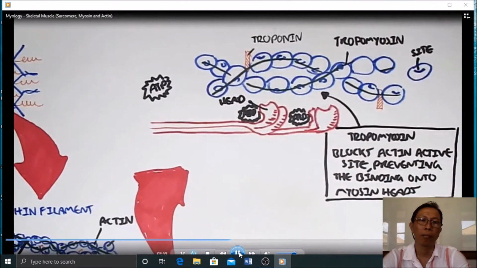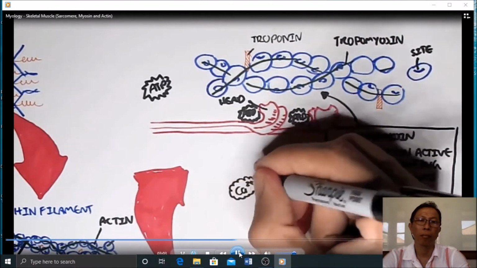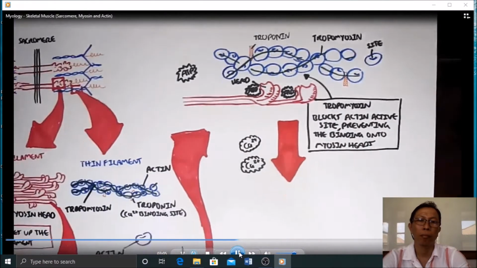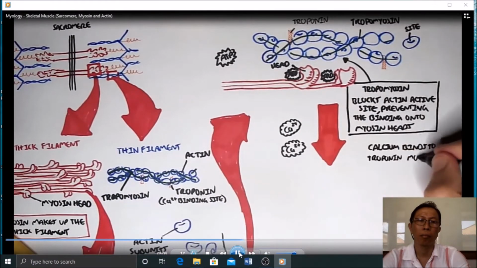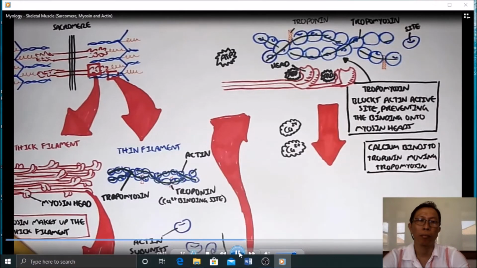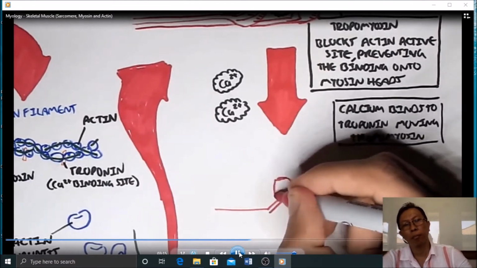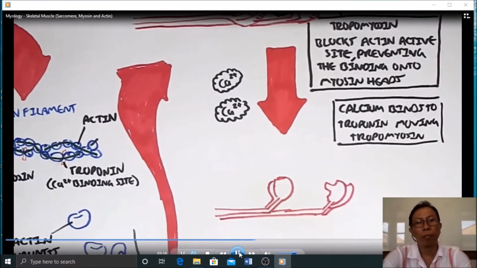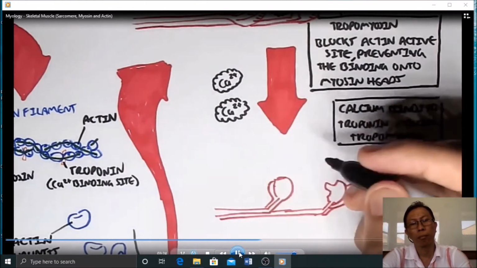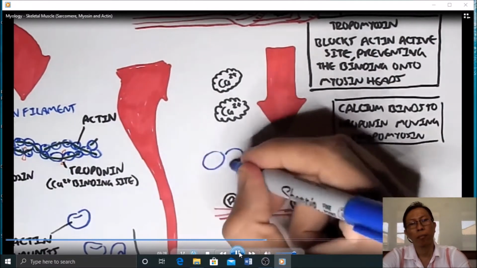And so if we introduce calcium, if calcium comes along from somewhere magically, calcium will bind to the troponin, the orange part, moving tropomyosin out of the actin and myosin connection. And so here we have the myosin heads again, and ATP has been used, and it has ADP, so it has energy. And here we have the thin filaments with the actin subunits.